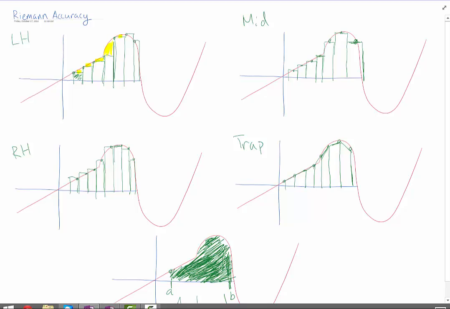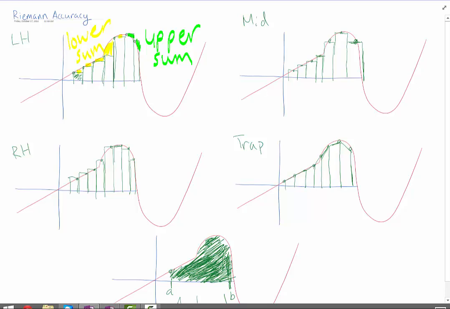But what you notice is once we get to the second half, and now it's concave down and decreasing, right here what I'm highlighting in green, that's extra. So that's called an upper sum, meaning right now it's over approximating, right? But before it was lower, so it was under approximating.